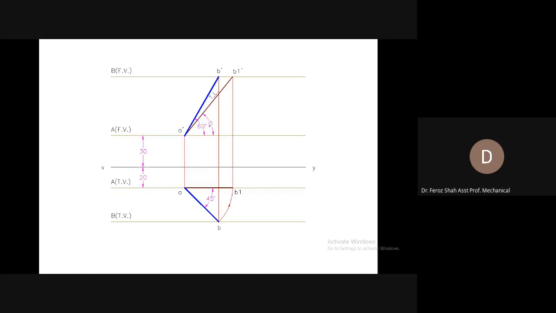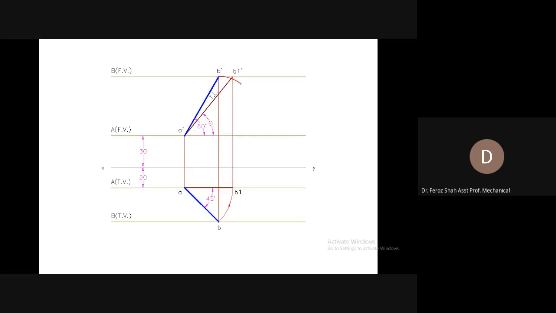Now in order to get the true inclination with the vertical plane, that is phi, rotate this front view. Open the compass from A dash to B dash, with A dash as the center.